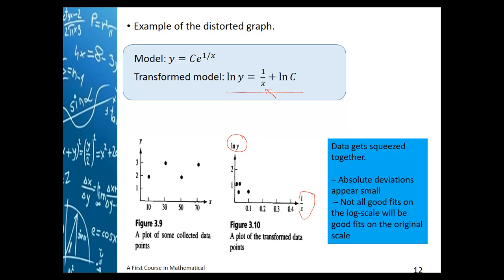But if you notice, your data earlier was a little bit scattered away, right? But now, since your x is being forced to become very small, you're going to distort the data. You squeeze the data just in this particular quadrant.